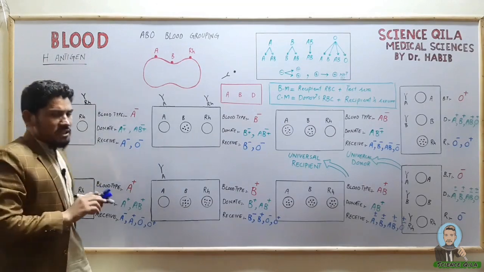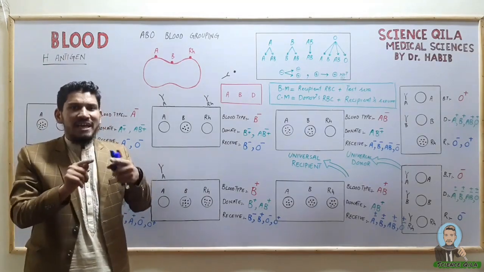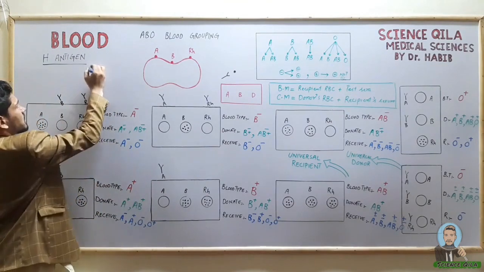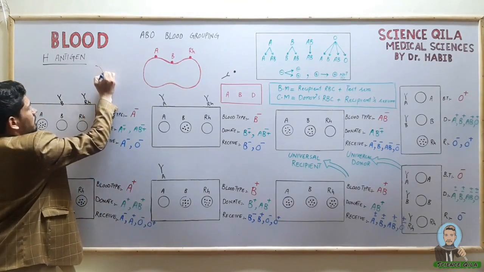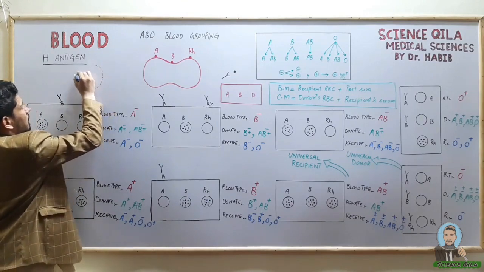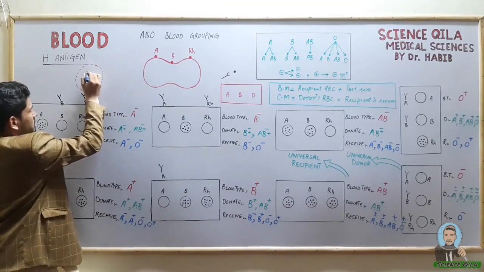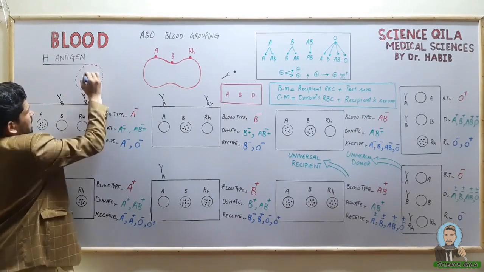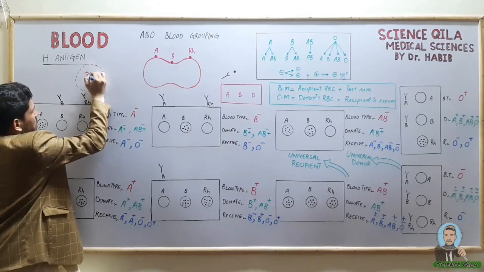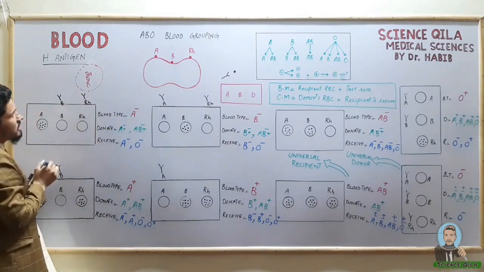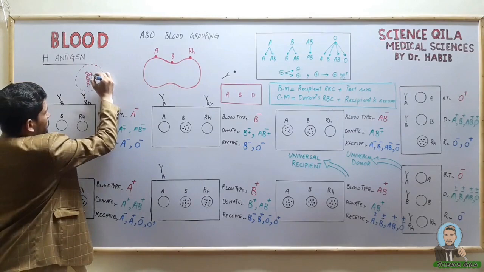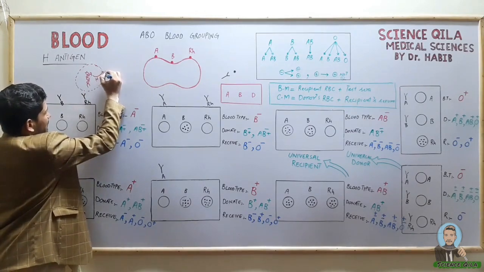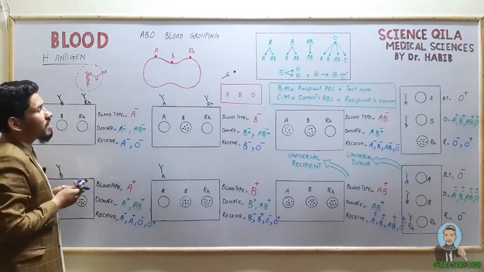H antigen is the precursor of both antigens A and B. So let's suppose here we have the RBC, and let's imagine this is the DNA, and if there is a gene for antigen A, antigen A will be formed from H antigen, and this A antigen will be expressed on the surface of RBC.